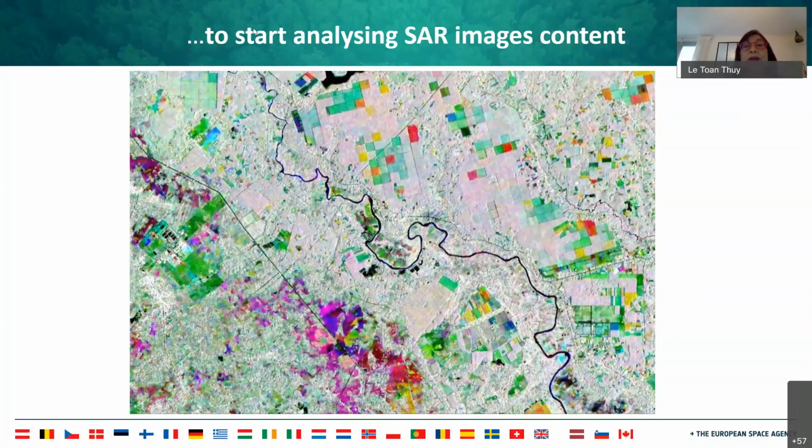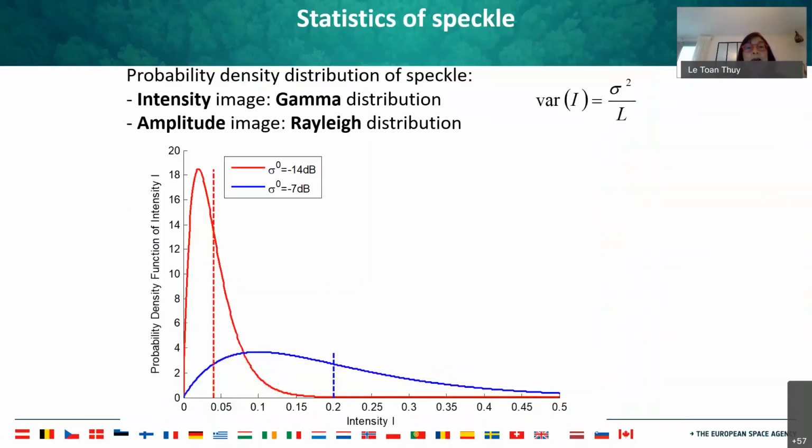And this one is the same kind of radar at different dates. Then you can see different plantation, logging and different change in the field, etc. So you remove the speckle first, and then the statistics of speckle.